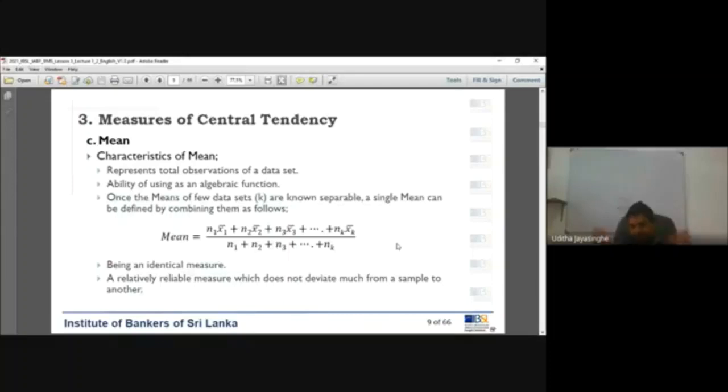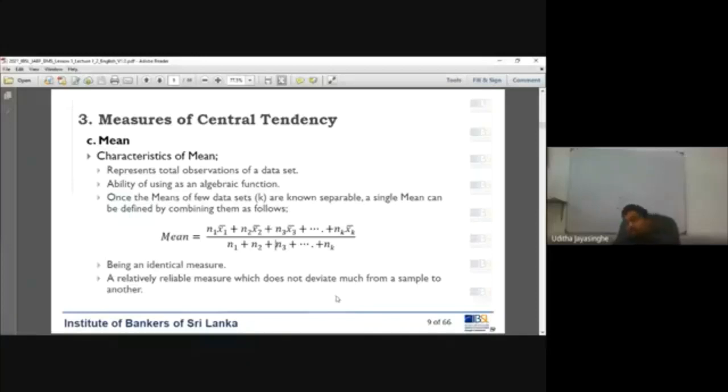But if you take all these numbers and divide them by 50, your mean will be maybe 41, 42, closer to those students. A true representation. And when you do that for the 10 samples, for the mean you will not see a much deviating value compared to another sample. That's the last point I want to stress here.